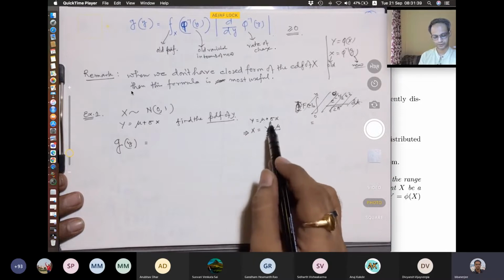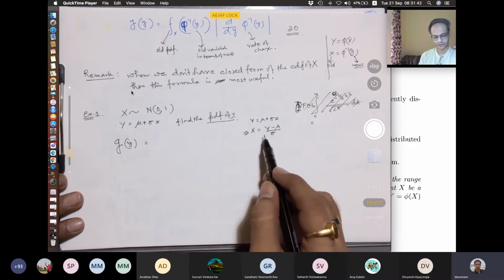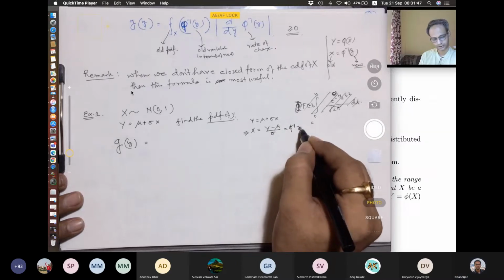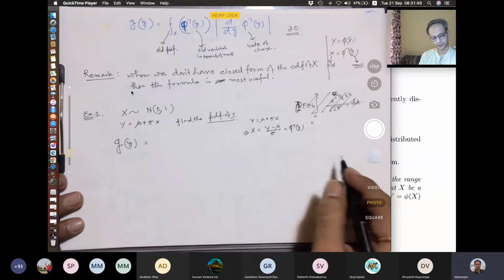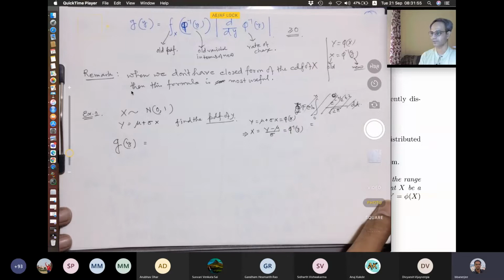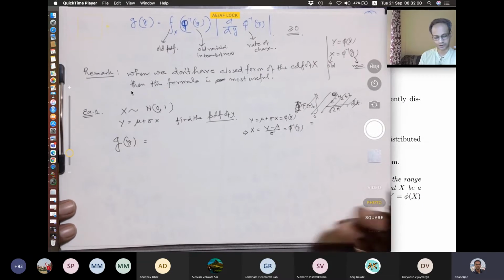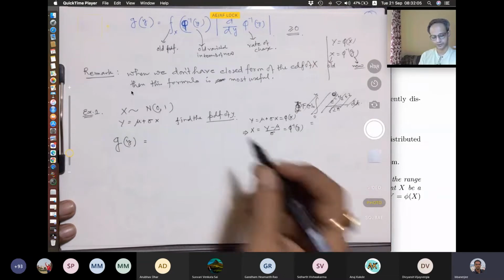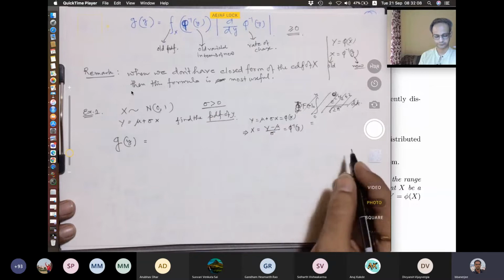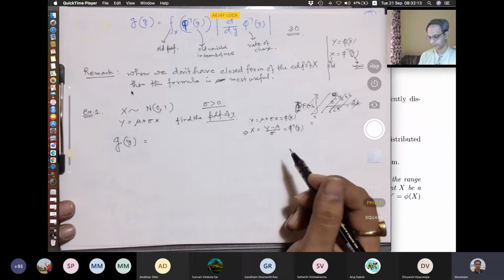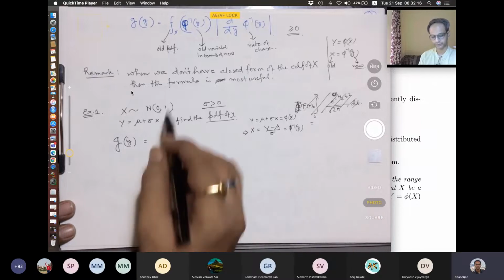So this is your phi inverse of y and this is phi of x. It is a straightforward one-to-one function, strictly increasing or strictly decreasing doesn't matter. But here sigma is positive, so there is no trouble that sigma is greater than 0. So it will be always an increasing function. So let us go for the formula.